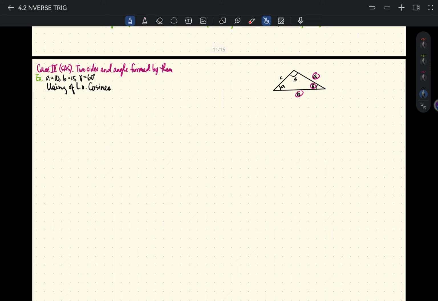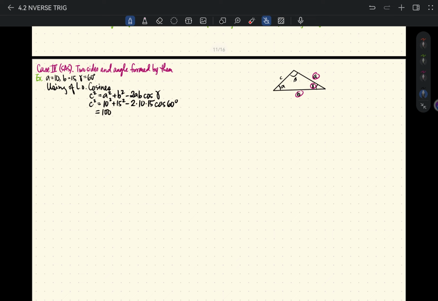So we will use C squared equals A squared plus B squared minus 2AB cosine gamma. And we just plug in whatever we have. We have C squared, that's what we want to find, equals 10 squared plus 15 squared minus 2 times 10 times 15 cosine of 60 degrees.